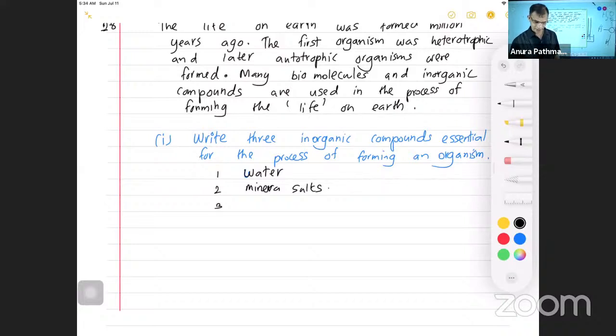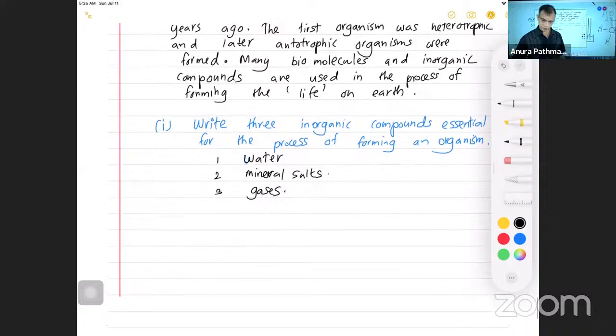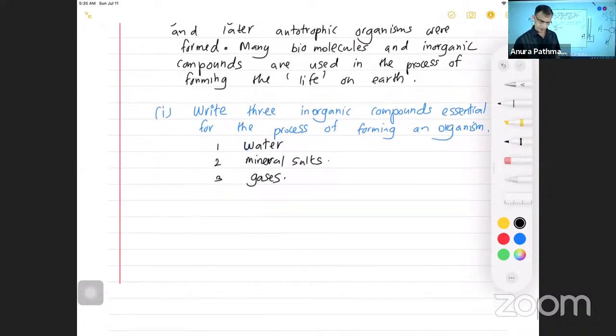So water, mineral salts, and gases are the inorganic compounds essential for the process of forming an organism.